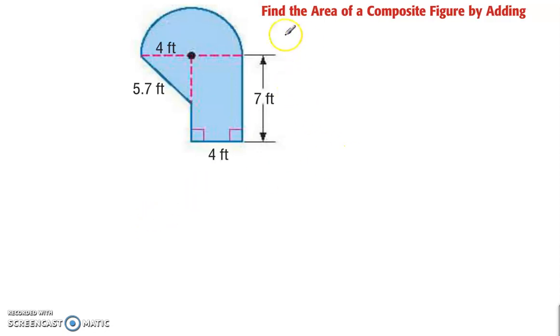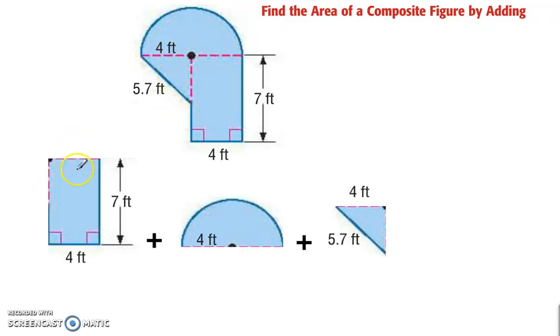Alright, now one last thing, composite figures. And we looked at this the other day too. This is nothing but splitting this up into its individual shapes and adding those together. So we'll find the area of this rectangle, the semicircle, and the triangle. So the rectangle is just 4 times 7. A semicircle, 180 degrees out of 360, is just half a circle.